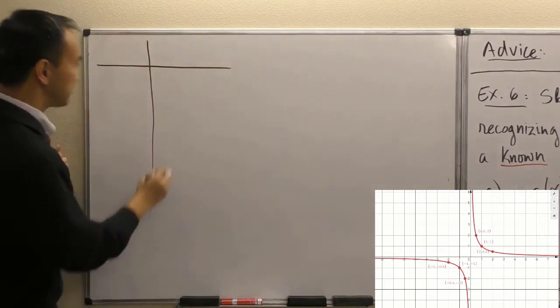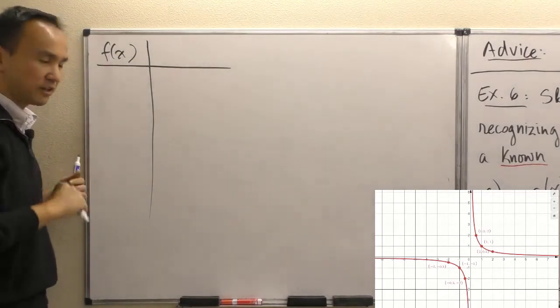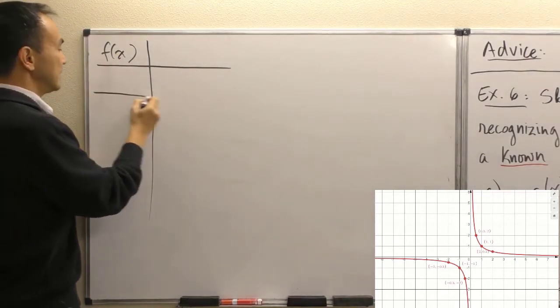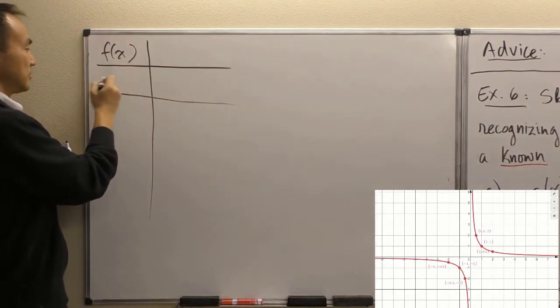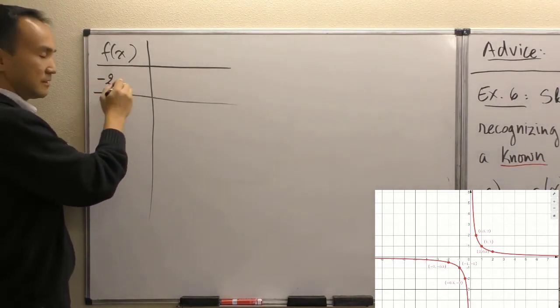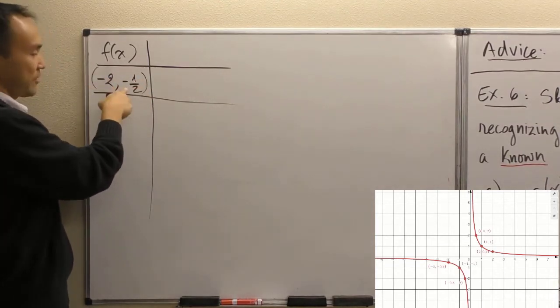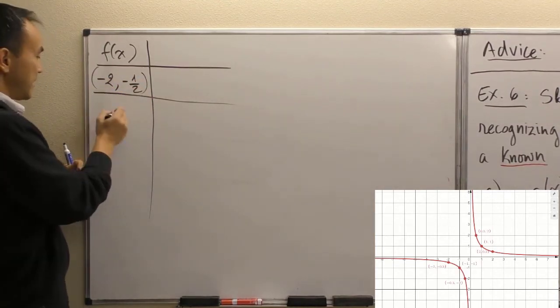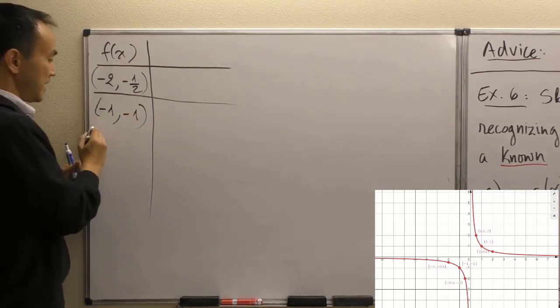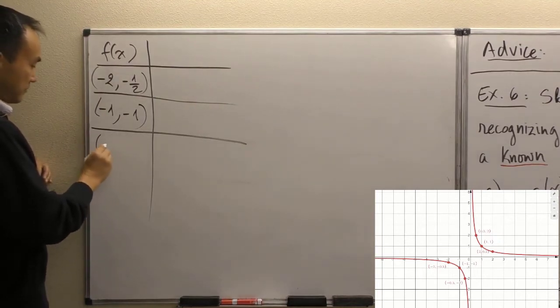From what we have observed in this graph in red ink right here, which is still showing on the board, I'm looking at a point to the far left, it's -2, comma, -1/2. So the y value there was -1/2. The next point I see here is -1, comma, -1, and the next guiding point here is going to be positive.